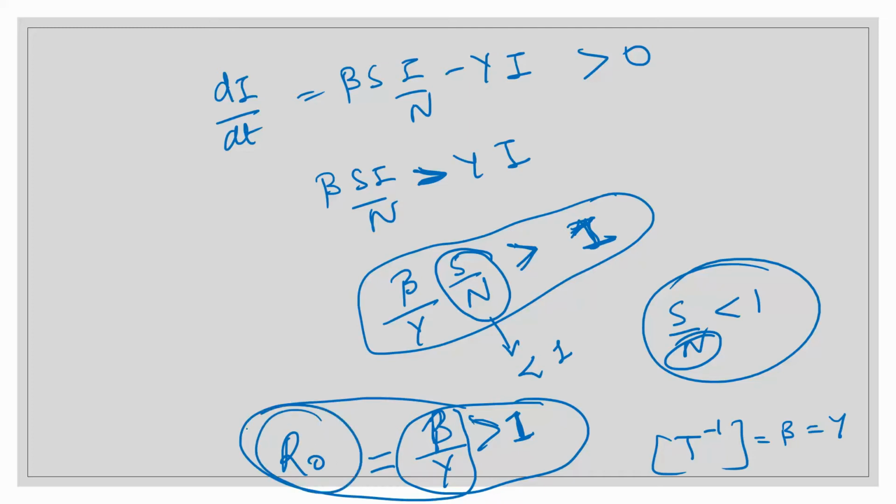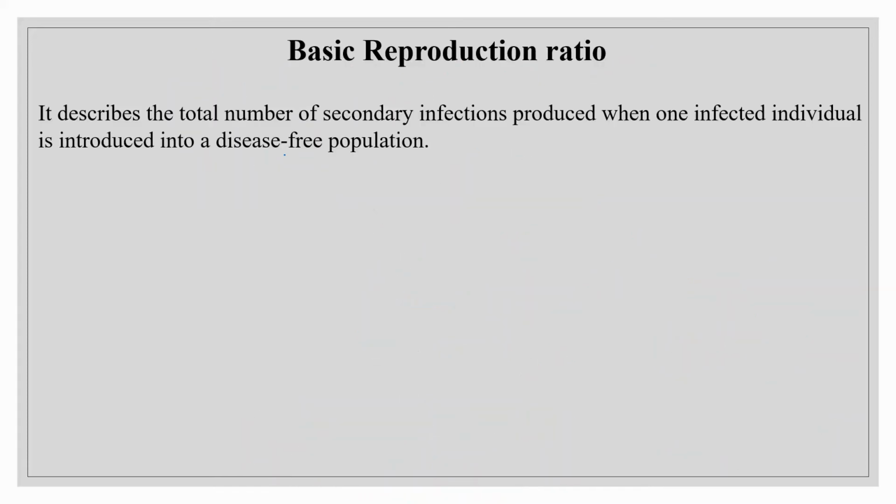Because when this number is greater than 1, the rate of increase of infection is greater than 0. So when my reproduction number is greater than 1, infection will increase, and if it is less than 1, then my infection will go to 0. So this is the physical meaning of the reproduction number.